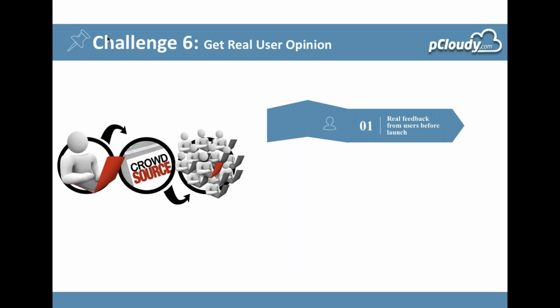And typically the organizations, what they do is once the testing is complete from their internal teams, before they launch or they push the application to app stores, they go and use the beta community or crowd community to get the feedback. So the crowd community platform, which we call Crowd for Test, is already integrated within pCloudy.